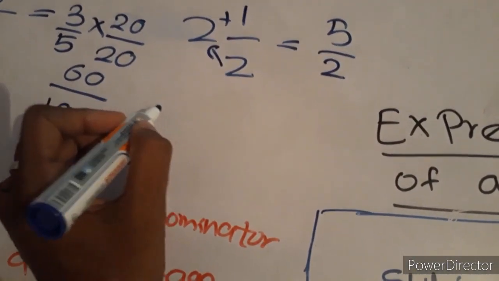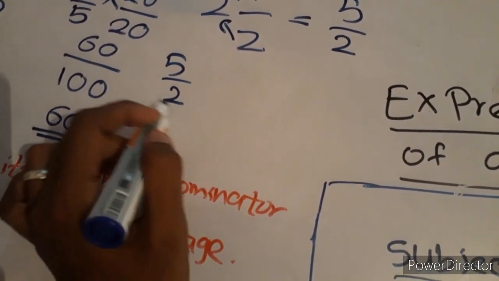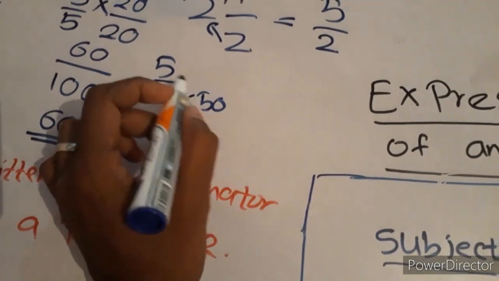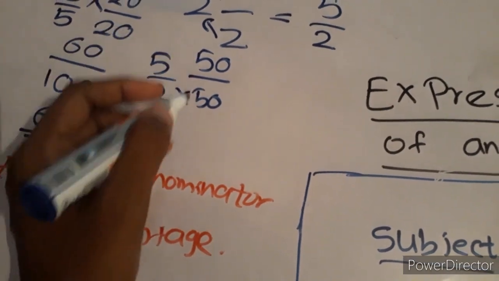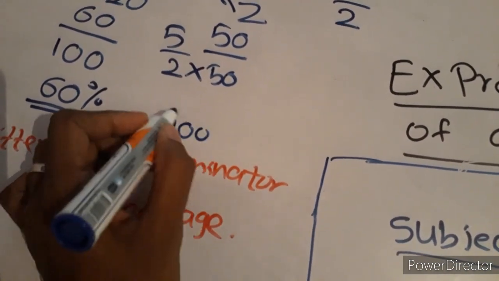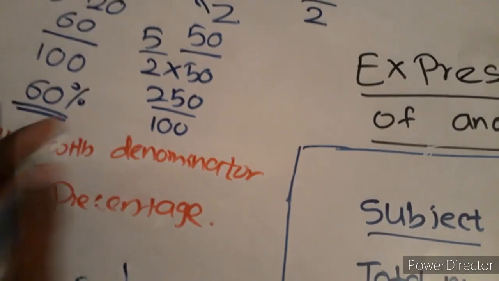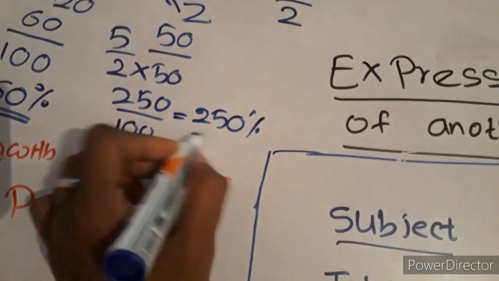So I write it down here. Make the denominator 100. We have to multiply by 50, no? After multiplying both numerator and denominator by 50, we get 250 upon 100. Then what is the percentage? 250%.